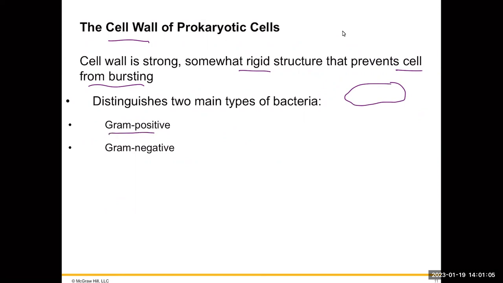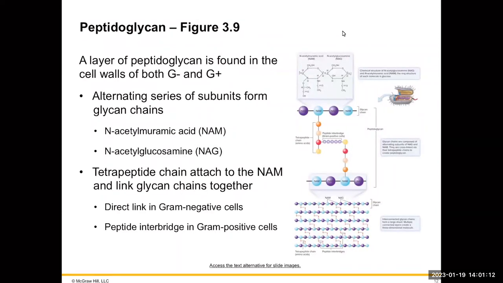Now, there are two main types of bacteria: gram-positive and gram-negative. What makes them different is the amount of this chemical called peptidoglycan. Peptidoglycan is drawn down here.